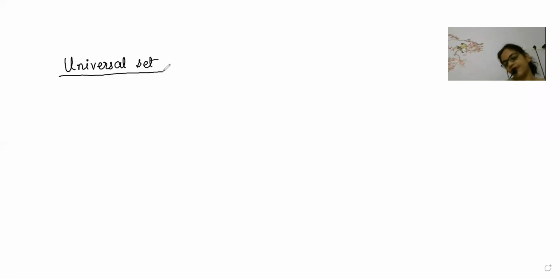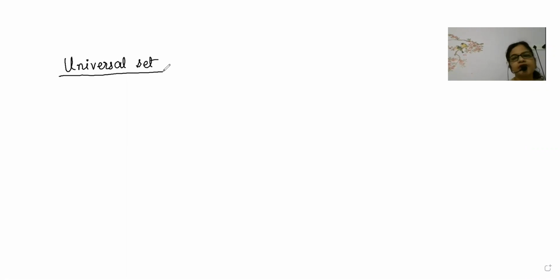Next is the universal set. Now look here, what is called a universal set? You have to understand one very important point: whenever people discuss the universal set, they talk about the full content present in a set.